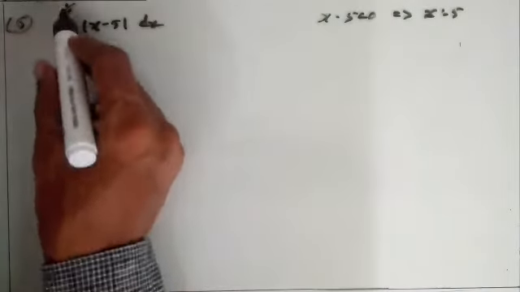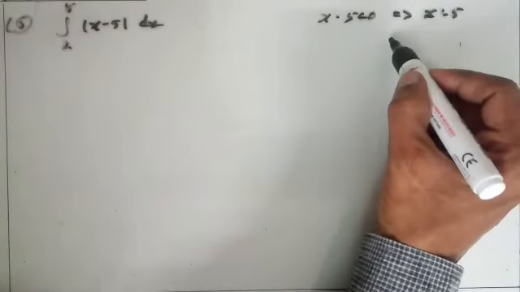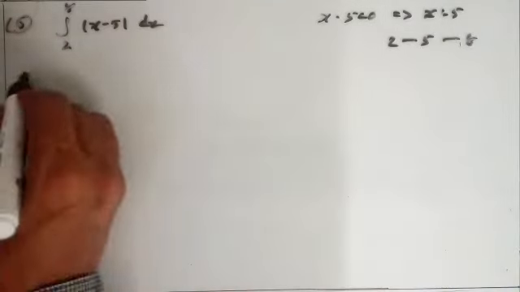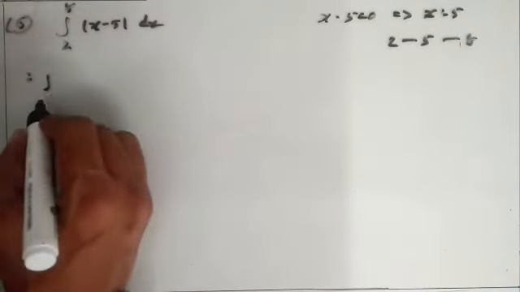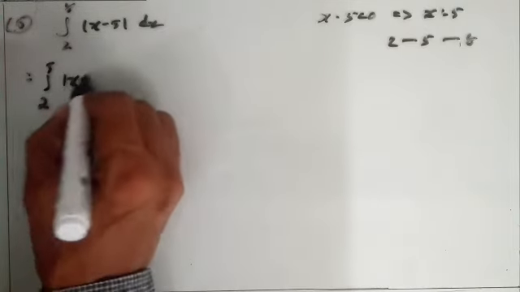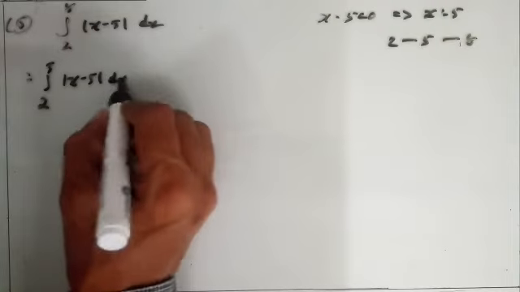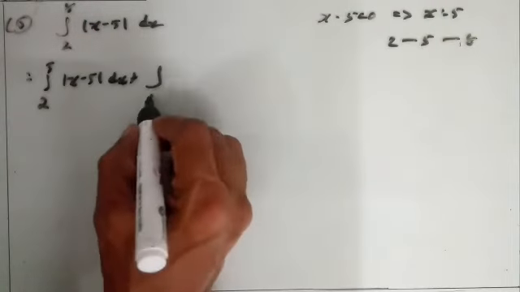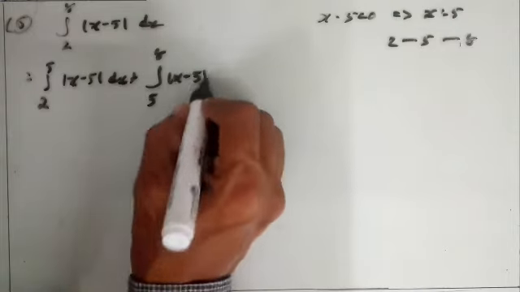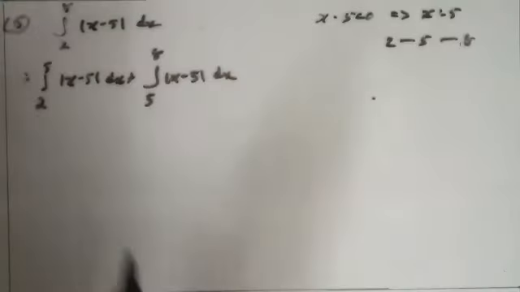So 2 to 8 is divided into two parts, 2 to 5 and 5 to 8. So this becomes integral 2 to 5 of mod of x minus 5 dx plus integral 5 to 8 of mod of x minus 5 dx.